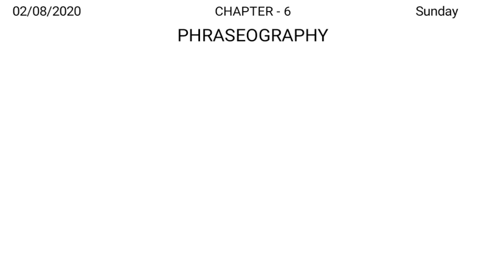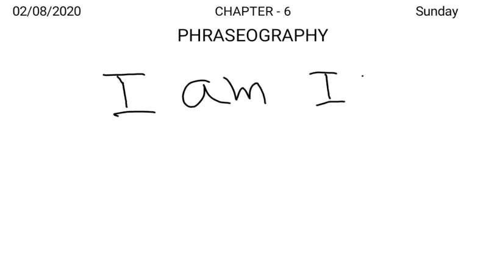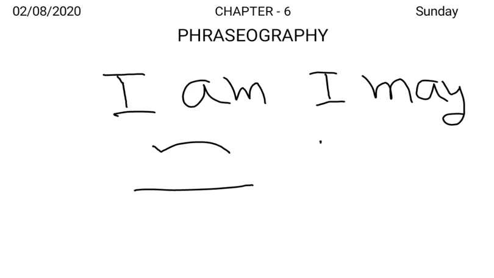You see these phrases. I am, I may. I am. If you join, what happens? I am. I may. Join, what happens? I and me. Now both of them look alike. Then how to distinguish one phrase from the other?